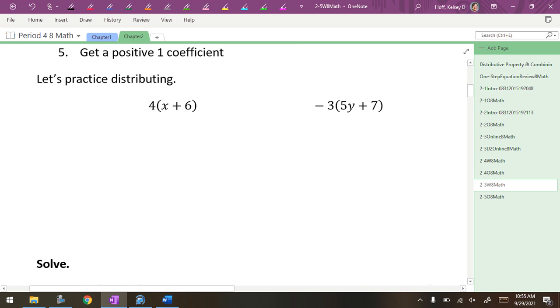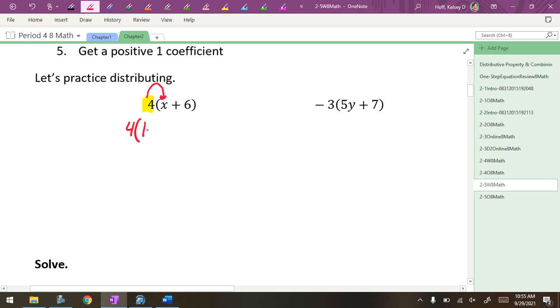When you have a number right next to parentheses, it means you're distributing. In this very first one, what number specifically am I distributing? 4. Specifically, what type of 4? Positive. +4. And the fact that it's positive makes a difference. So I write 4 times 1x.